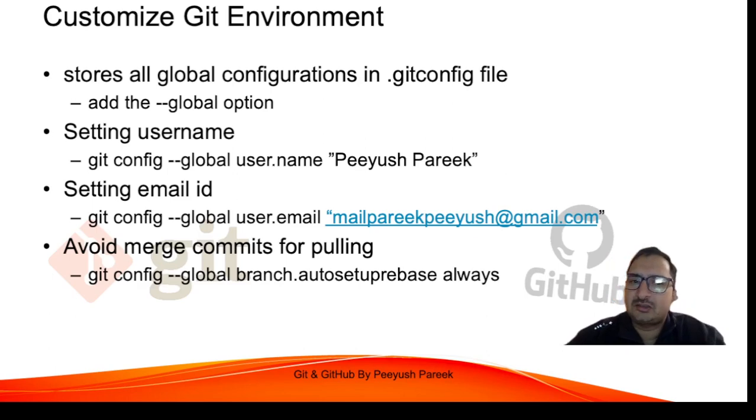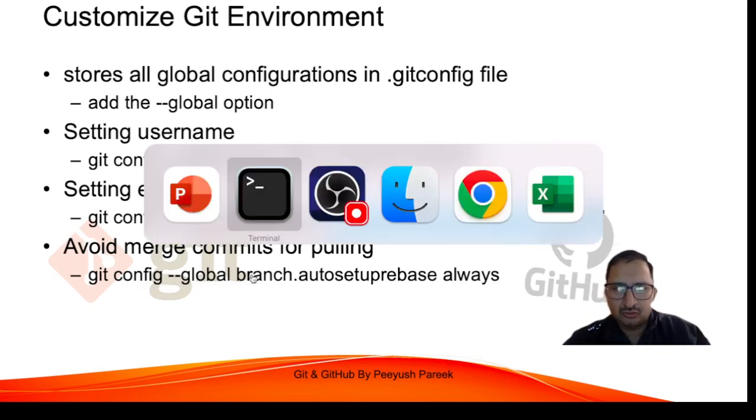To add the global option, we can use the --global option. How to set the username? We will be using git config --global user.name and the name of the user. We will do it like this.